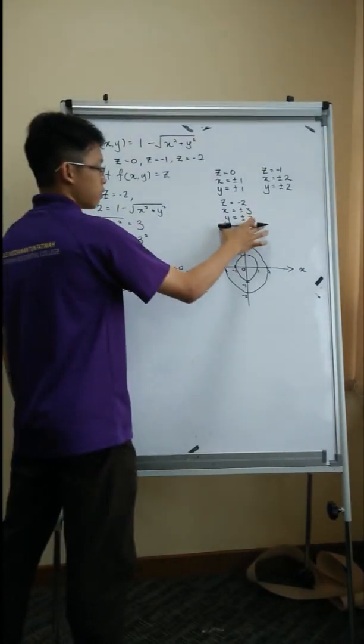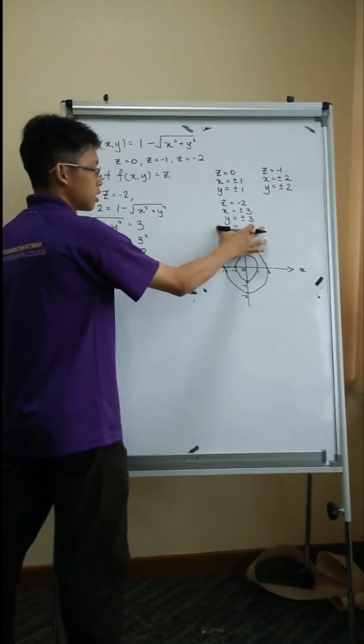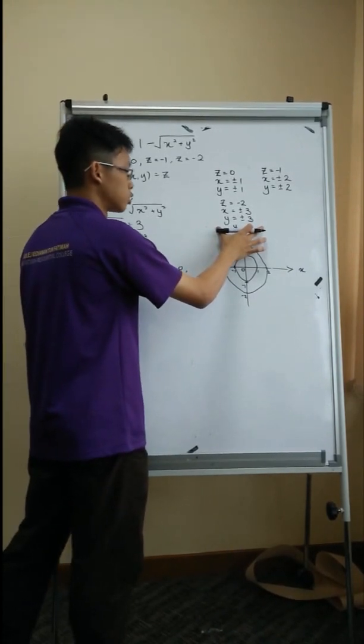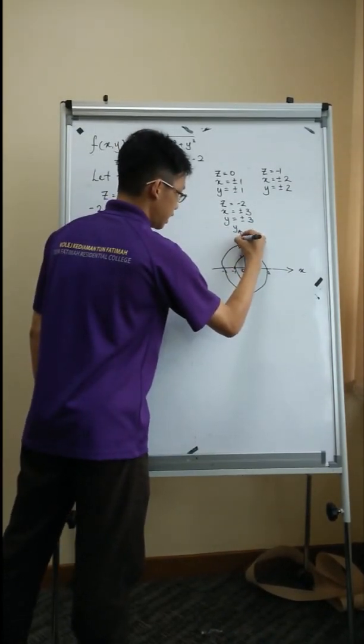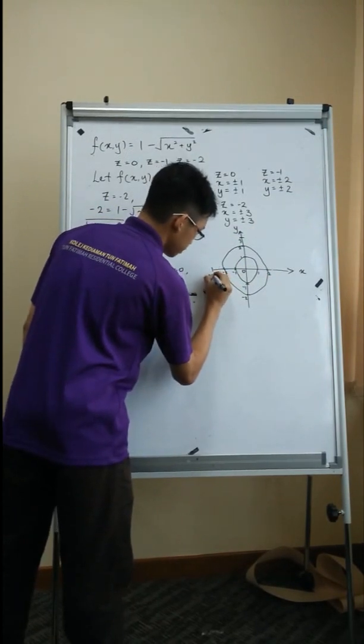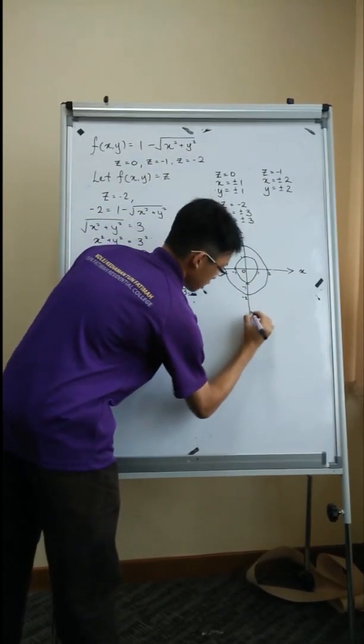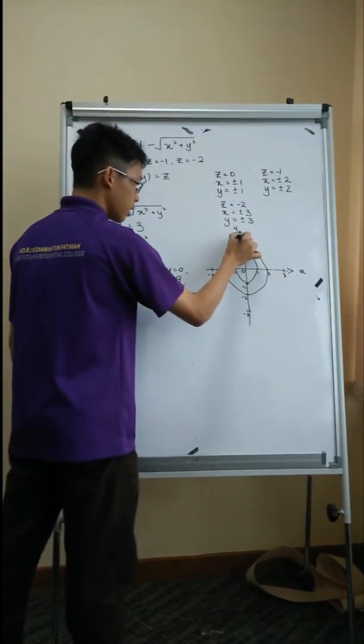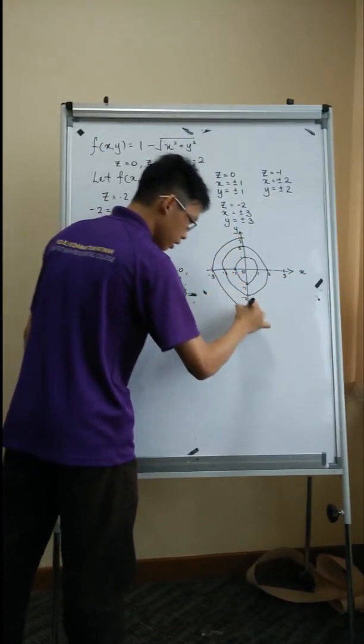Alright, for the final level, z equal to -2, x and y is equal to plus or minus 3. So 3, -3, -3, and 3. So same thing, connect all the points.